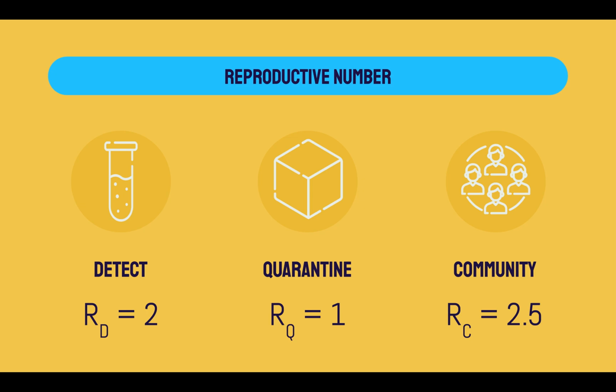And people in quarantine maybe would infect 1 person per infected individual, whereas people just out in the community are infecting about 2.5 people on average. The reason these are different is that once people are detected or in quarantine, they're not as likely to be infecting people outside of that isolation or quarantine.